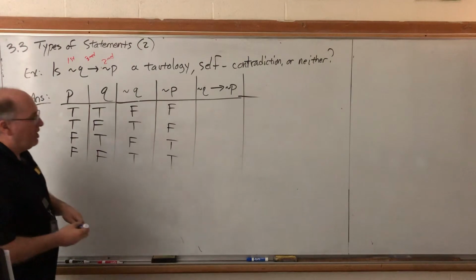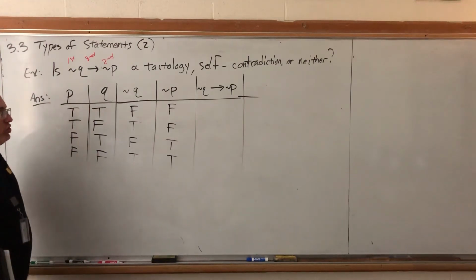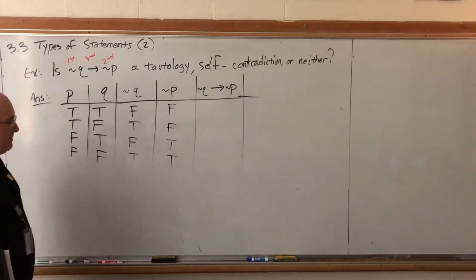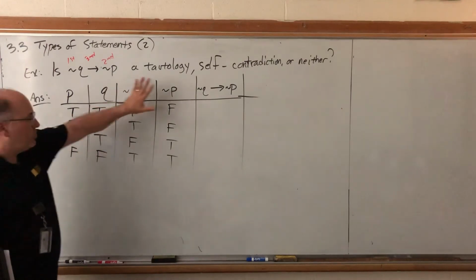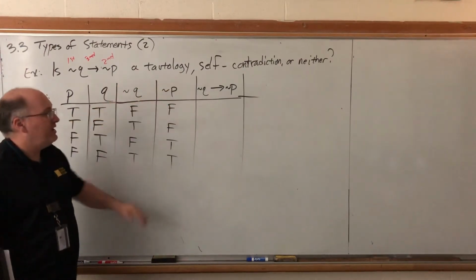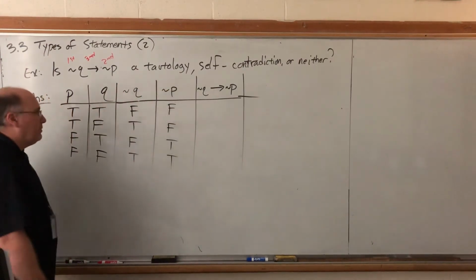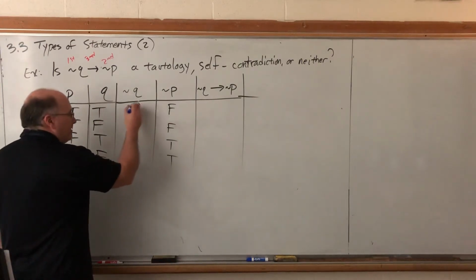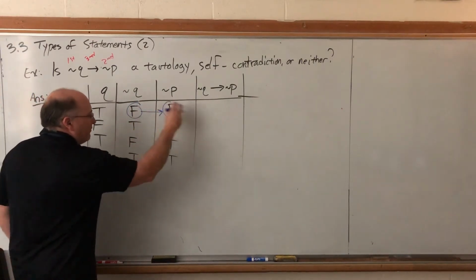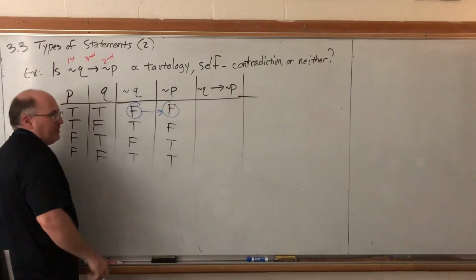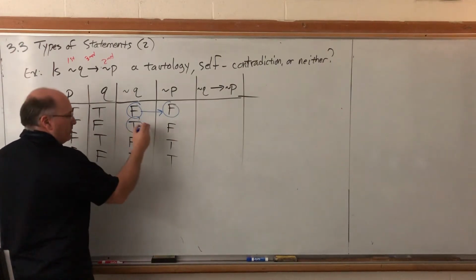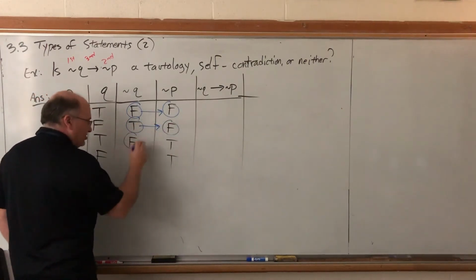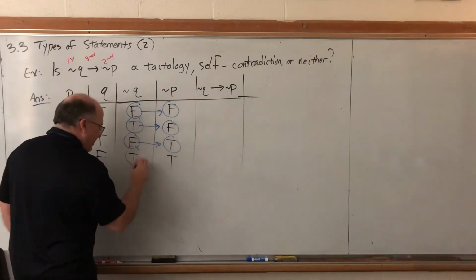For the last column, we need negation Q pointing to negation P. Now, those 2 columns are next to each other in the correct order, but I still like circling and pointing every time I do a conditional to make sure I'm going in the correct direction. It is not necessary, but it might help.